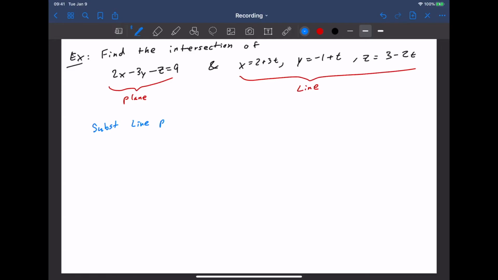line parameters into the plane. What does that mean? Well, I have 2 times the x stuff minus 3 times the y stuff minus the z stuff equals 9.